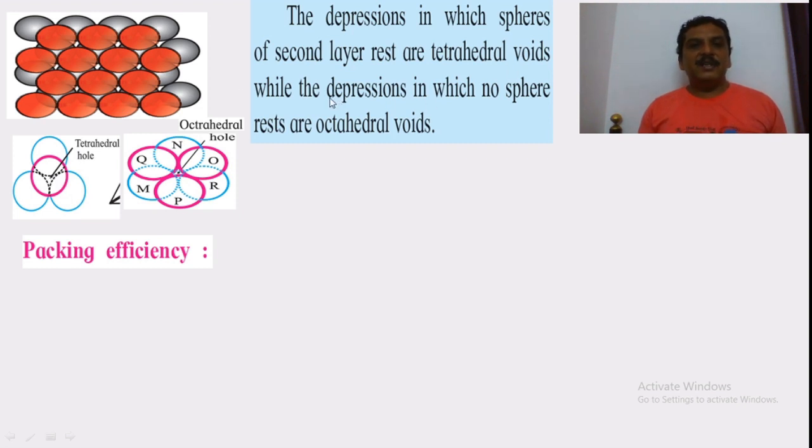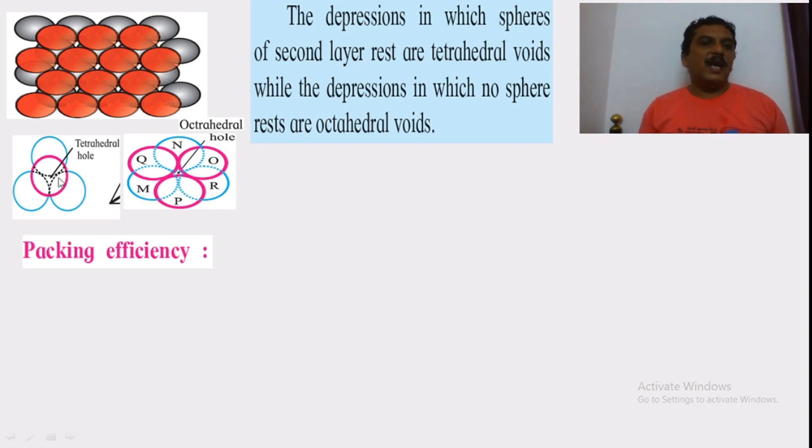And if such an arrangement does not take place, that means the depressions in which no sphere rests are octahedral voids. That means if the void is not occupied, or the sphere does not rest on the void of the first layer, the formation of an octahedral hole takes place.